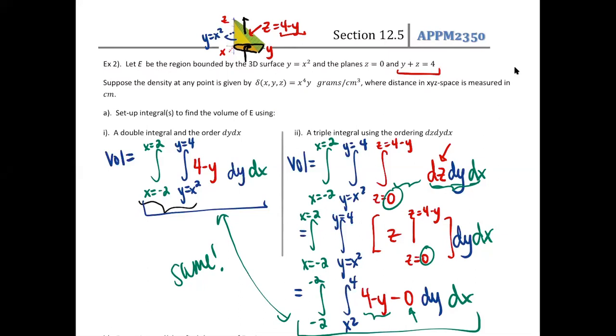Now, the other reason we still want to be able to use triple integrals, even with a region like this slice of cheese, if that's what you want to think it looks like, is let's suppose I give you the density at any point, which we do in this problem. I tell you the density at any point is x to the 4th y grams per centimeter cubed. And then I could ask you, what's the mass of this total object?